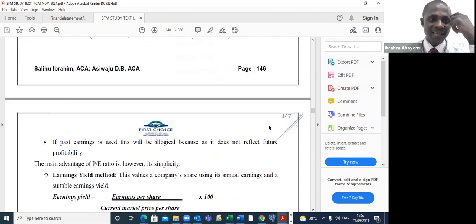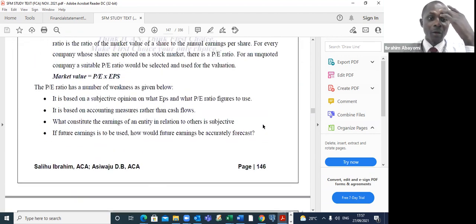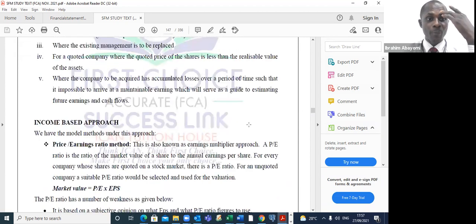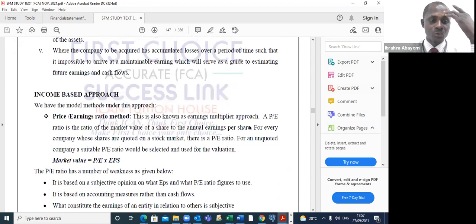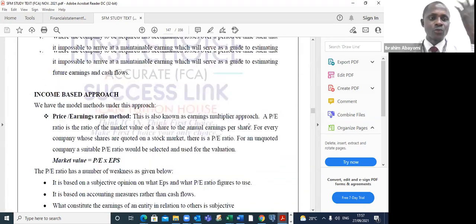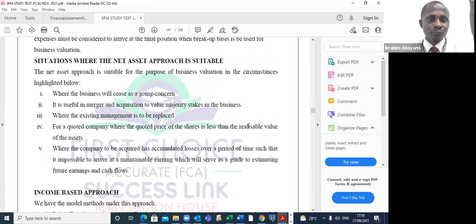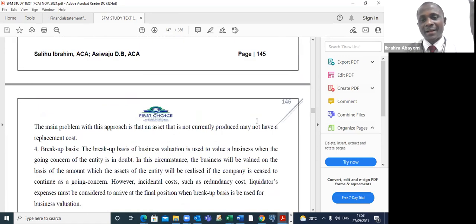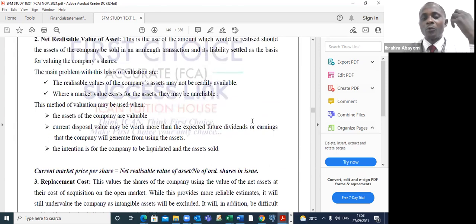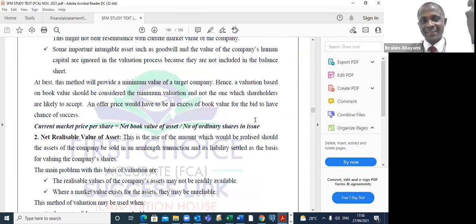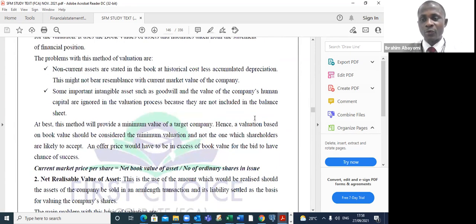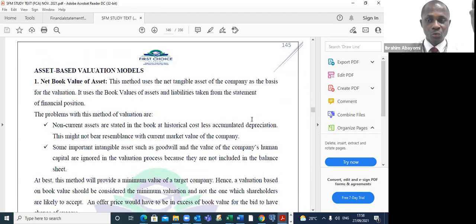So if I want to obtain the market value of shares of a quoted company, what will I do? I will simply need to go to the stock market, log into the website, and search for the company whose share value I want to obtain.